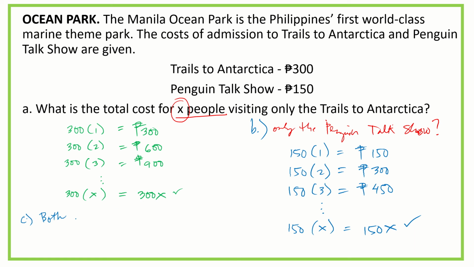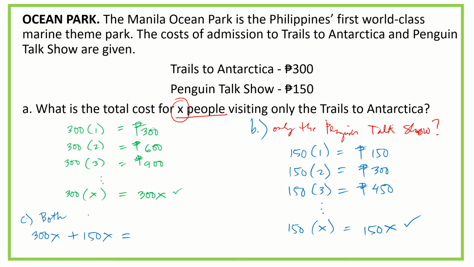We already know that people who will be visiting the Trails to Antarctica, that would be 300x. So we will simply add the total cost for those who will be visiting the Penguin Talk Show, which is already represented by 150x.